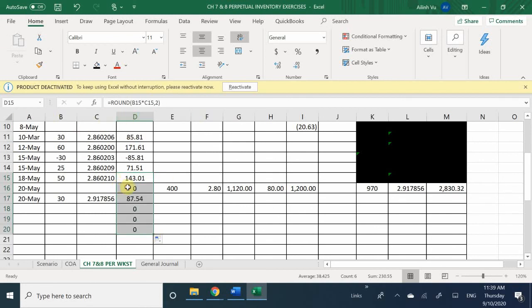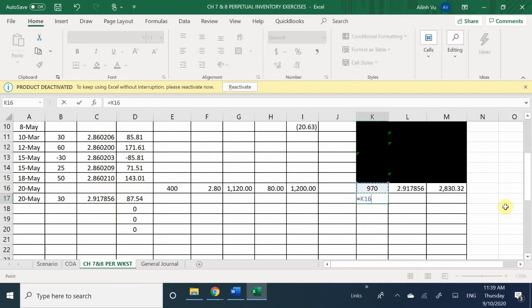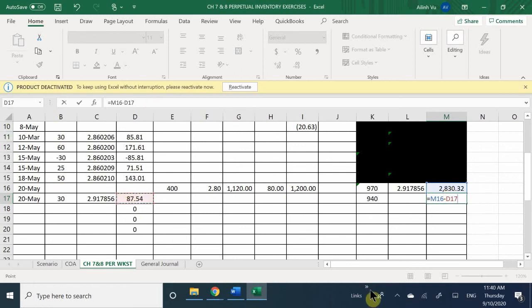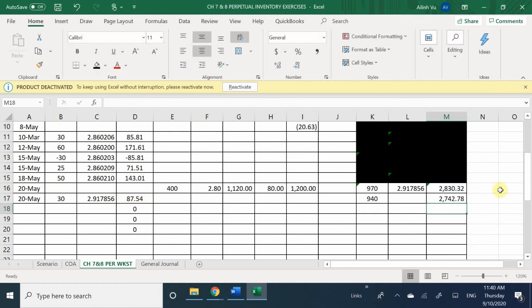Yes, 87.54. All right, let's go ahead and pull through. So 970 minus 30. 940, good. What is my 2832? Subtract my 87.54. Good. 27.78. Good. 78 cents is the ending, all right?